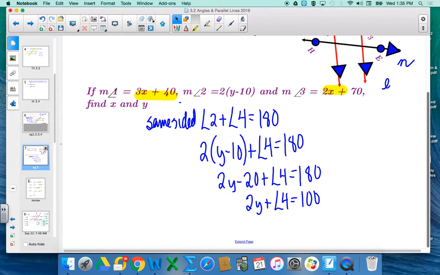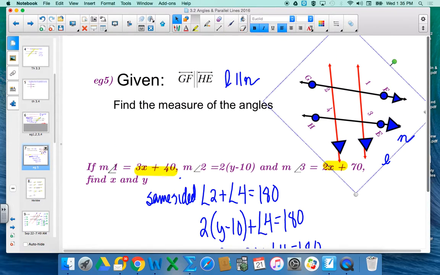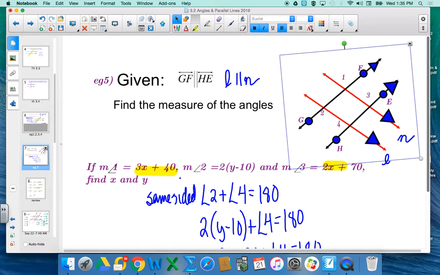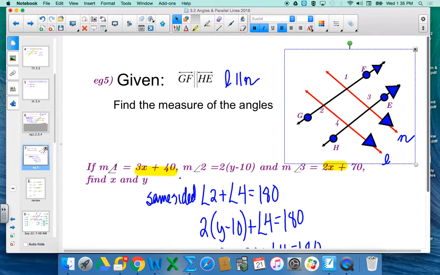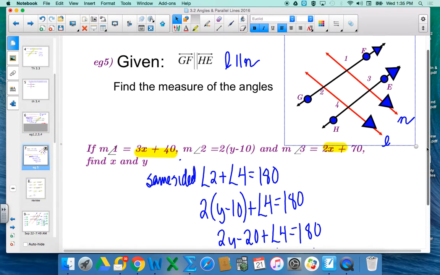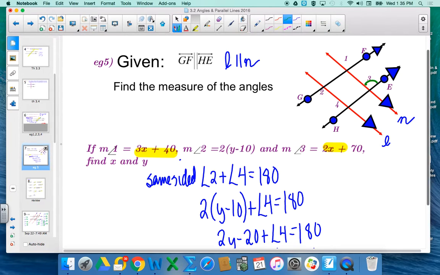Alright, so we have a problem. Let's go back and flip this back around a little bit. Okay, we know that this angle is how much, y'all? Angle 3. What did we find for it? 130. So if that's 130, how much is this angle right here? 50.